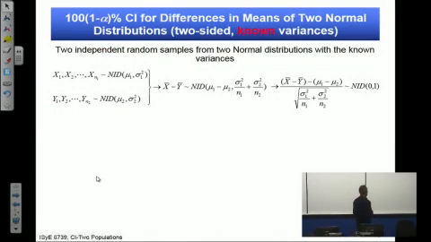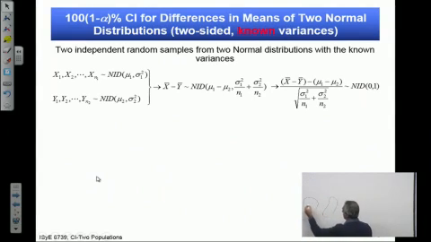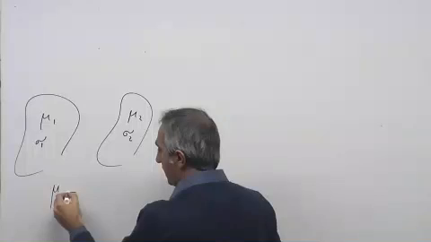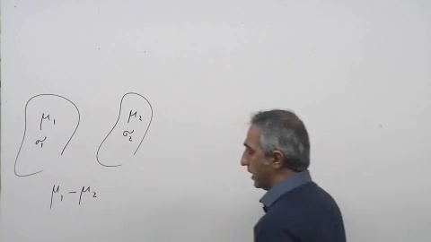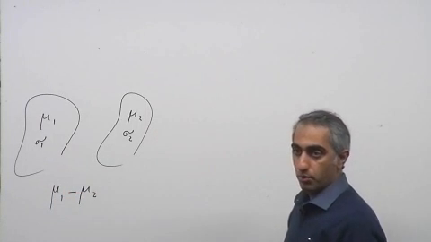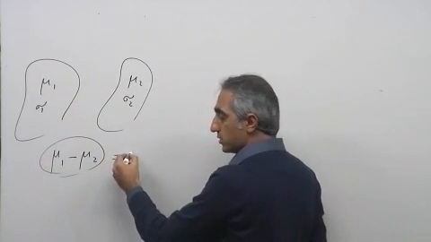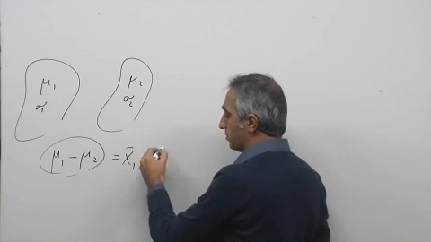So let's start with two populations. The first one is mu1 and sigma 1. The second one is mu2 and sigma 2. Okay? We know the MLE point estimate for mu1 minus mu2. What is the MLE estimate for this? X bar 1 minus X bar 2.